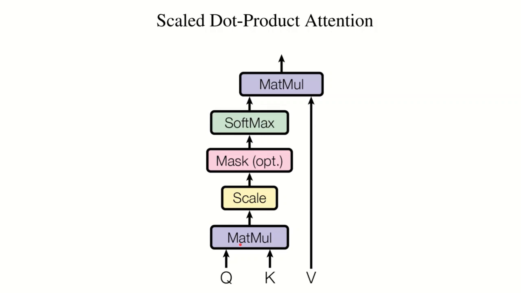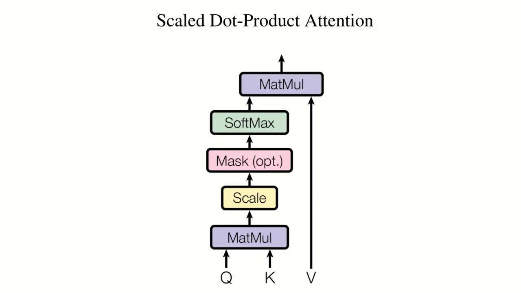This allows us to determine how similar each query, which represents a given word in the query sequence, is to each word in the key sequence, which will represent a word in our key value sequence.